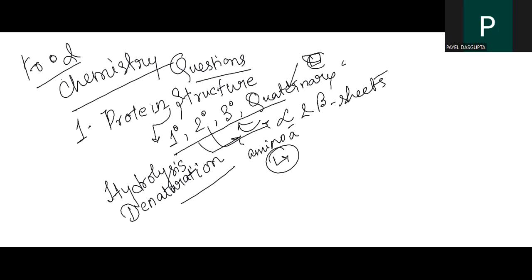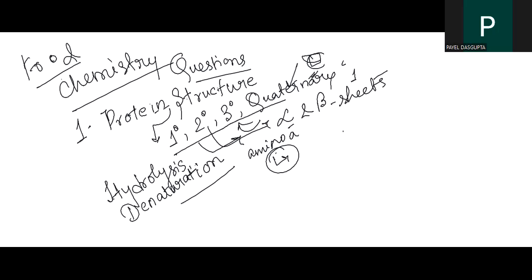Now, what is the basic difference between hydrolysis of protein and denaturation of protein? This is a very common question often asked. Denaturation is nothing but the uncoiling of the protein strands, giving you subunits like tertiary, secondary, and primary.